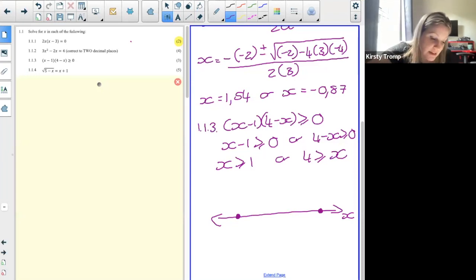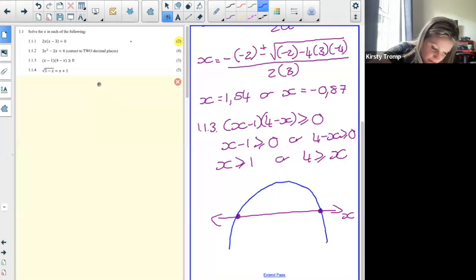I would have x times 4 giving me 4x, and x times negative x giving me negative x squared, which means the parabola would be a negative parabola. My parabola would look like that. Let's put 1 and 4 in here. I'd have a sad face parabola, a negative sad face parabola.